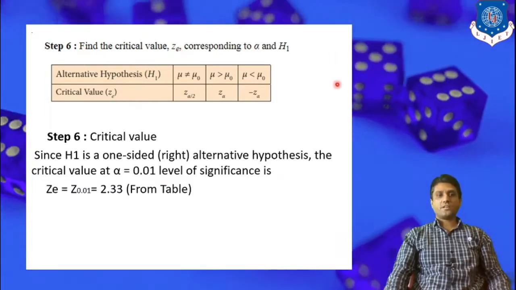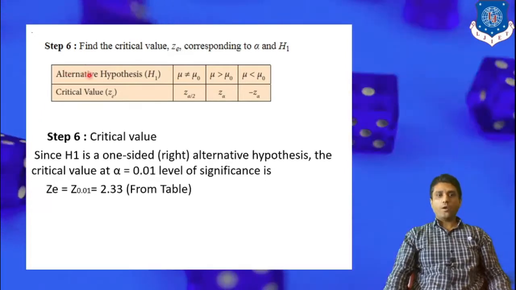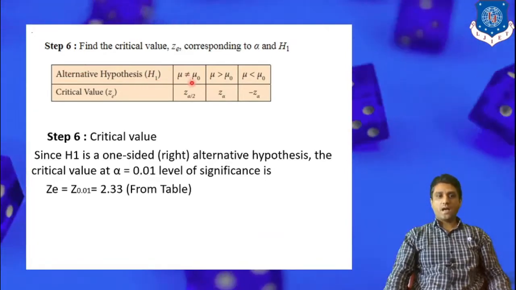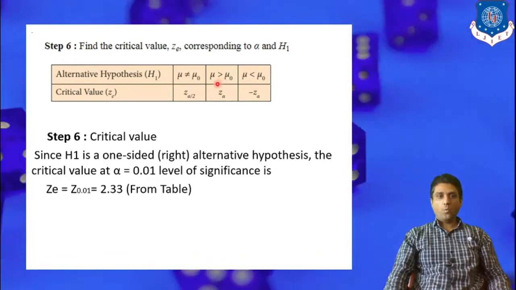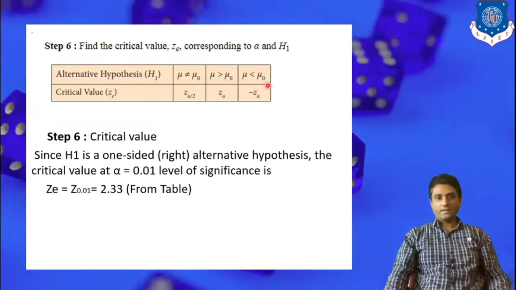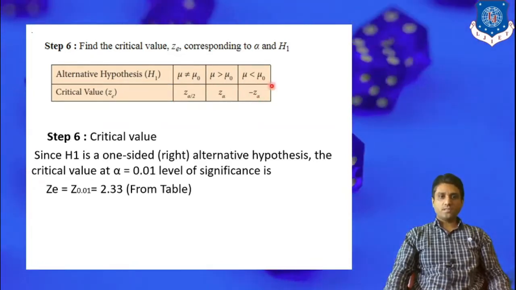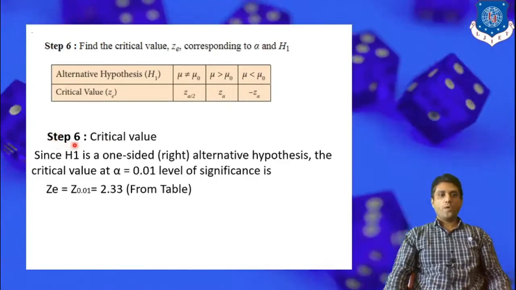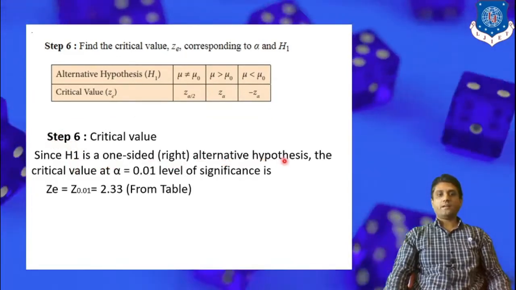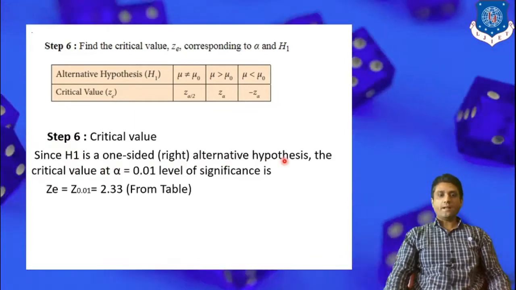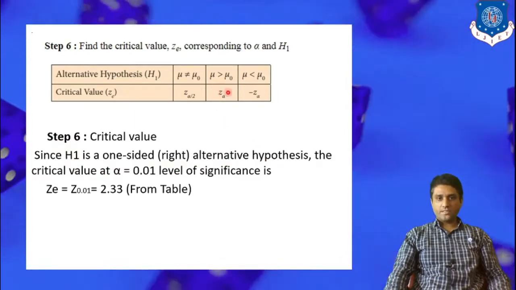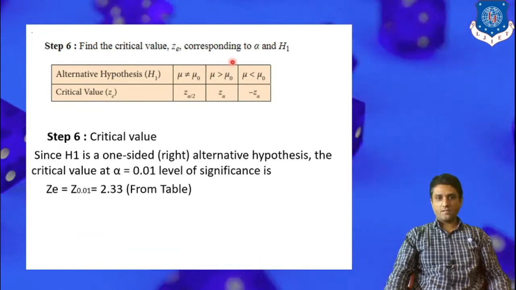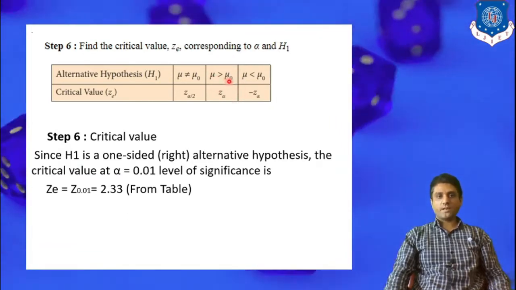So these are the general steps. According to your alternative hypothesis, you select either two-sided, one-sided right, or one-sided left, and correspondingly you find the experimental Z value. In the context of this example, we consider the one-sided right alternative hypothesis, which is appropriate for our example, that is mu is greater than mu 0.